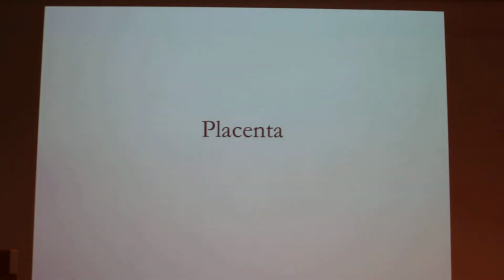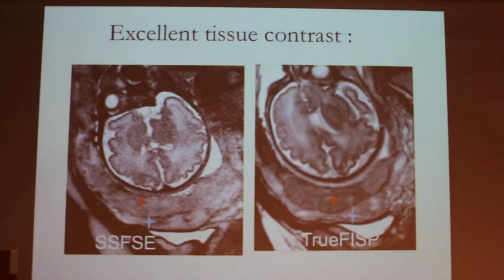Another field that we like very much is the use of MRI to look for the normal development of the placenta. This is mainly the field of Anne Lo Diem Nissier. You can see here that MRI will provide you an excellent tissue contrast to look for the normal development of the placenta, and more importantly for the normal invasion of the placenta.